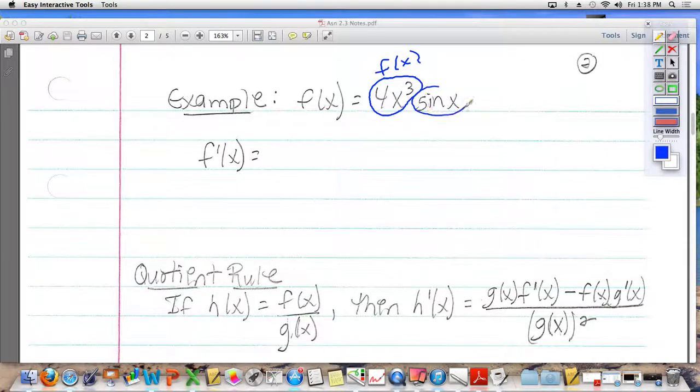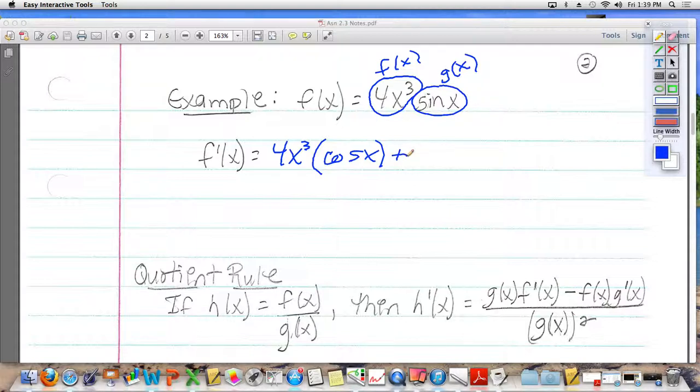The sine of x is g of x. So, we take the first function, 4x cubed, and we multiply it by the derivative of the second function. What is the derivative of the second function? Cosine. Cosine of x, yep.